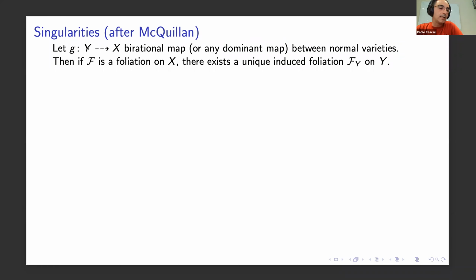So there is a Zariski open subset which is isomorphic for both of them. So in particular, we have a foliation on an open subset of Y. And then there is a unique way to extend it to Y, I mean the foliation, in such a way that the properties are satisfied. All this is fairly straightforward. So this means that we can jump from one variety to another in birational geometry.